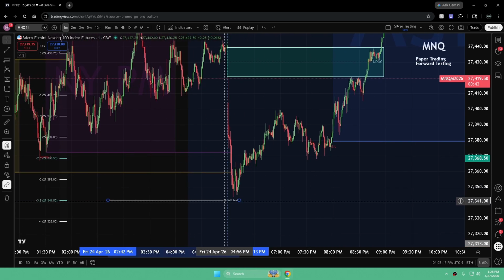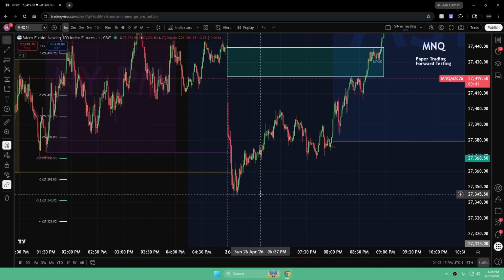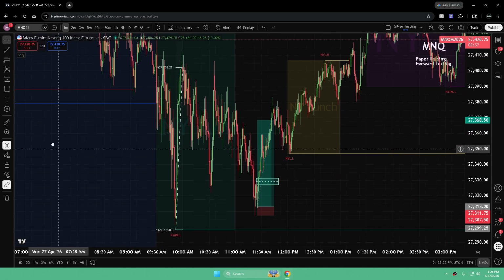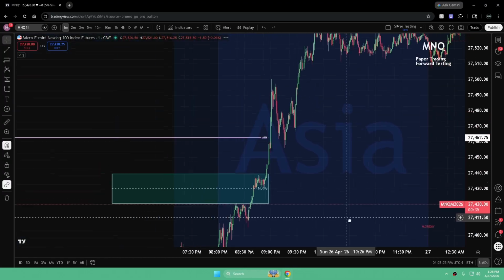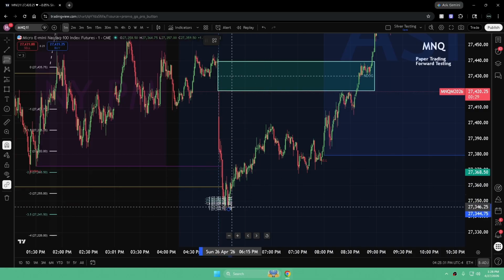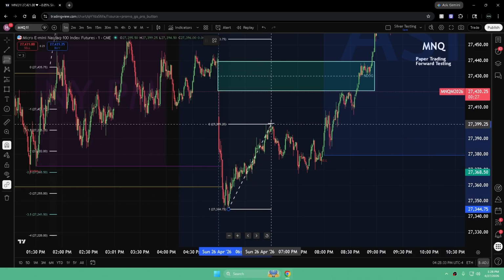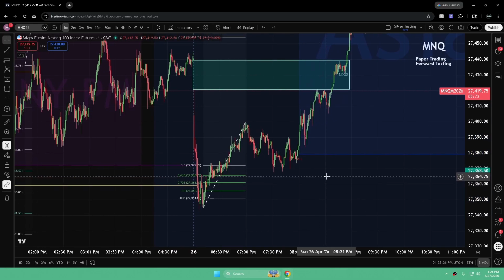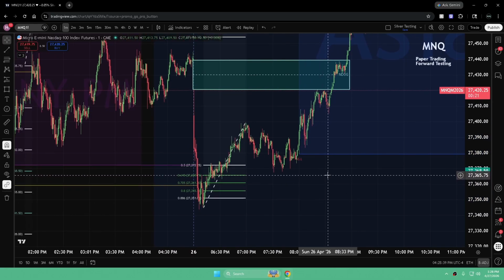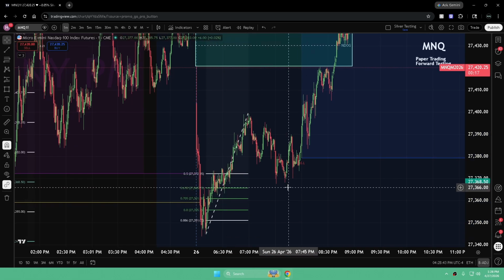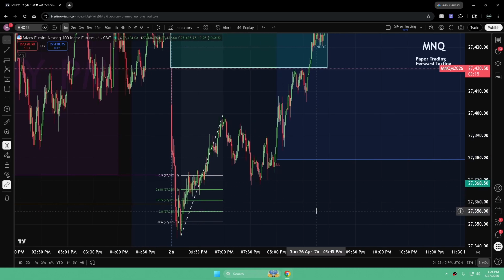You see that? You could have got an entry down here if you wanted to. Or if you waited, you could get our next leg, which is this wick to our highest wick, which would be this one. And you have your entry right here, at one of these candles.